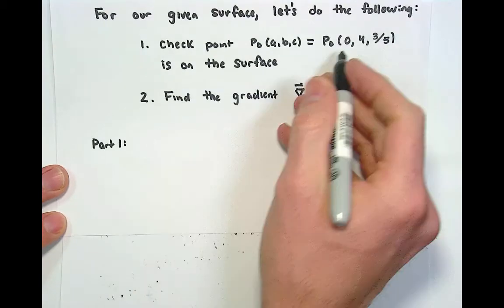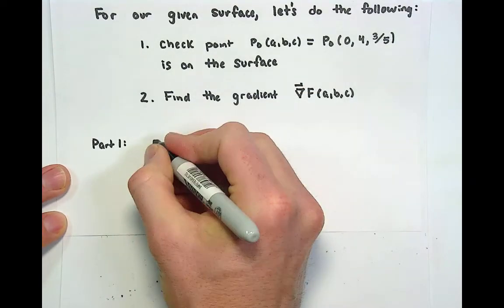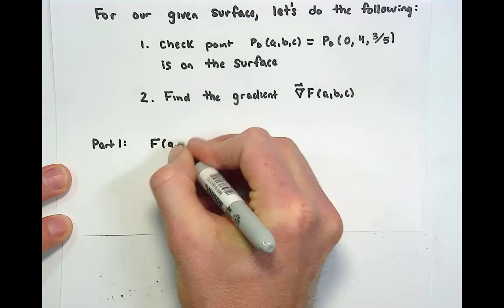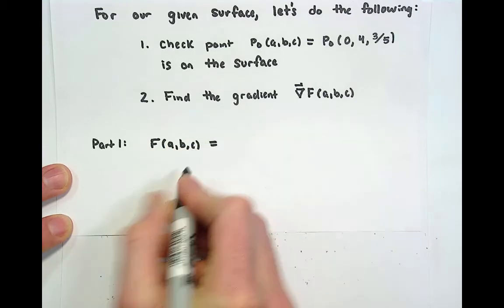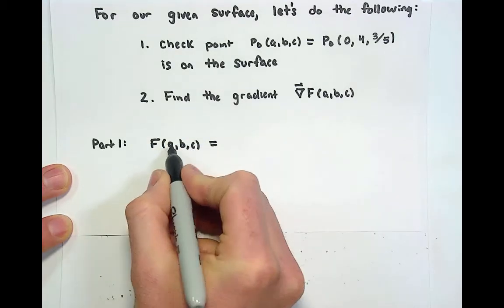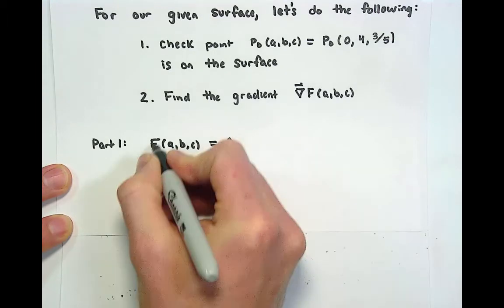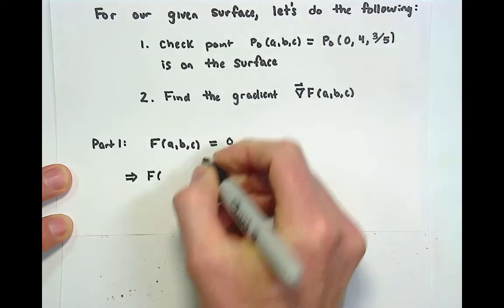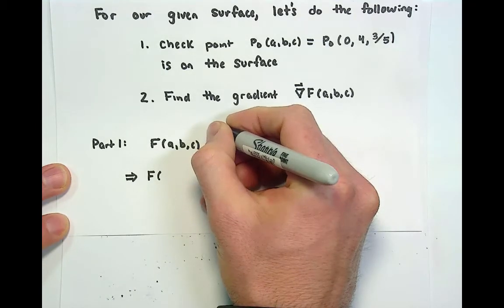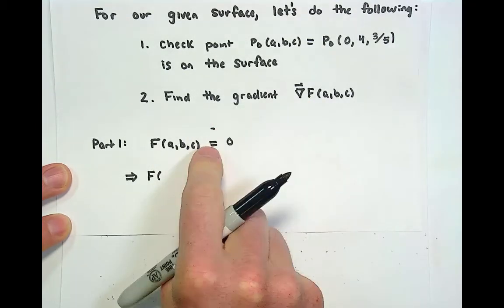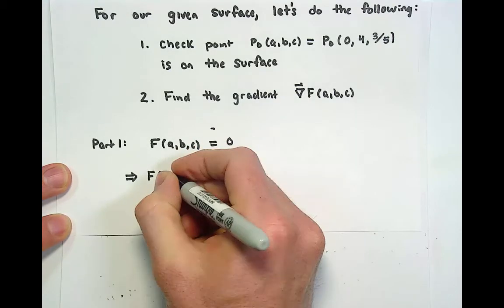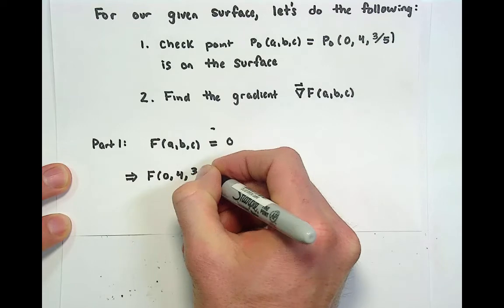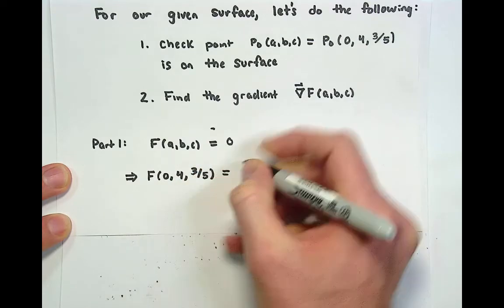So we'll begin with part 1 by checking that the function satisfies the equation for the surface. We know that the equation for the surface should be that if I put in a, b, and c to the capital function f, I get 0. We don't know whether or not it's going to be true, so we're just going to follow our nose, so to speak.